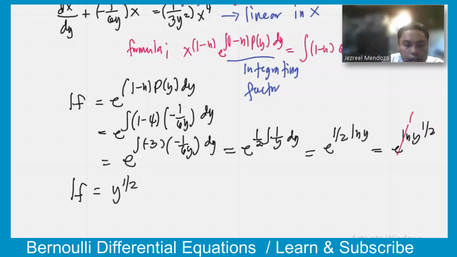So let's use this integrating factor to substitute into the given formula.